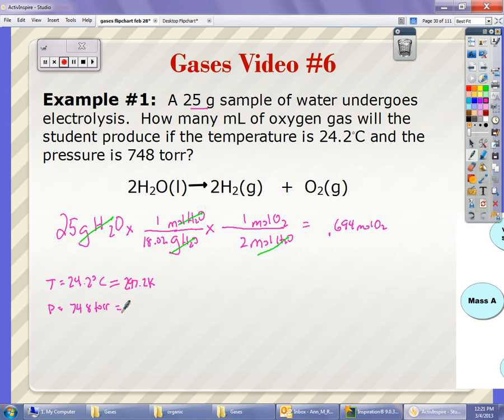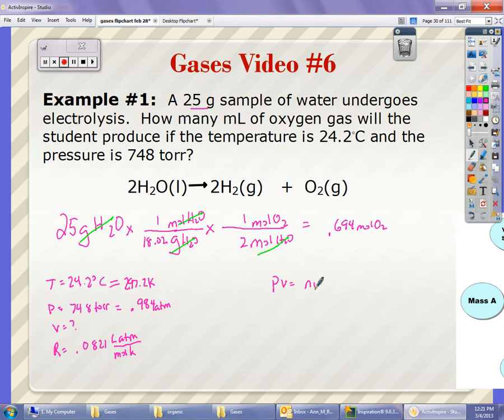However, to use PV=nRT, I need this to be in atm. So after dividing by 760, I get 0.984 atm. The volume is the unknown, and R, the gas constant, is 0.0821 liters atmospheres per mole Kelvin.